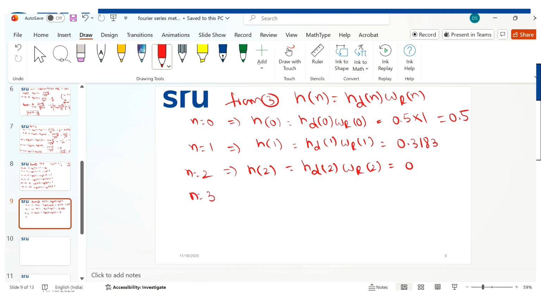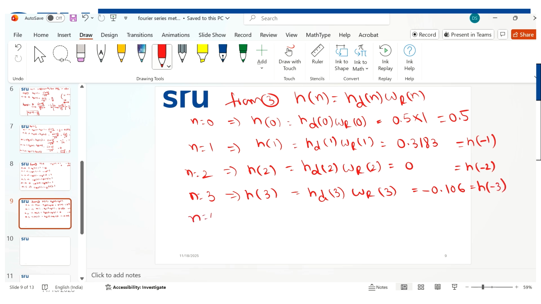If n is equal to 3, then h of 3 is equal to hd of 3 into WR of 3. So hd of 3 value is minus 0.106 into 1. And remember, all these values are the same as h of minus 1, h of minus 2, h of minus 3, minus 4, h of minus 5, because of the symmetric property.